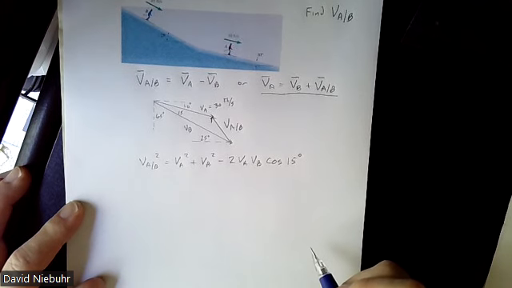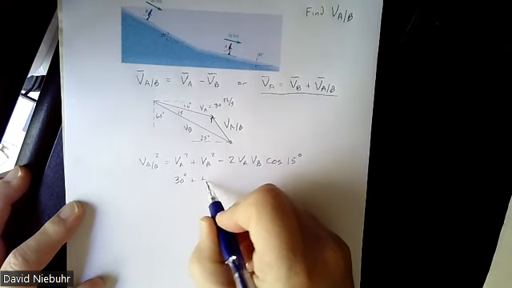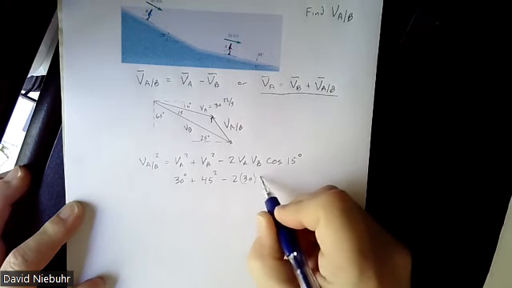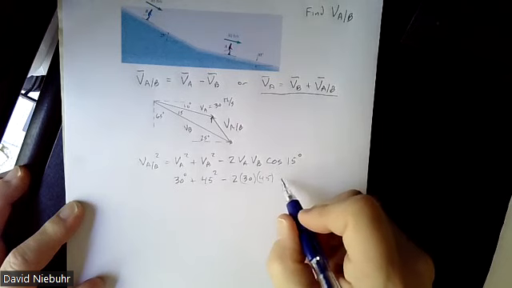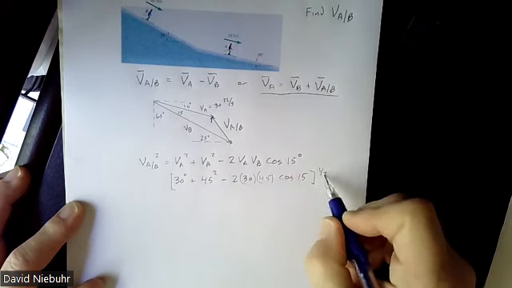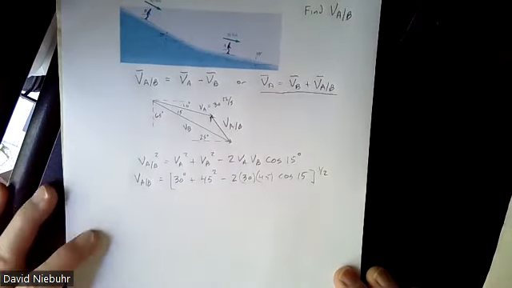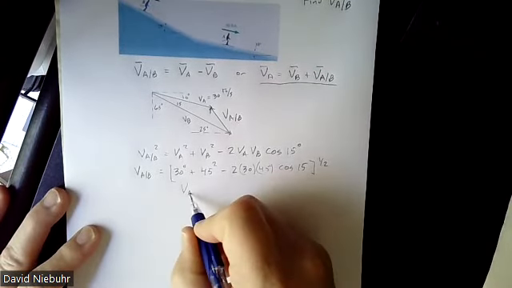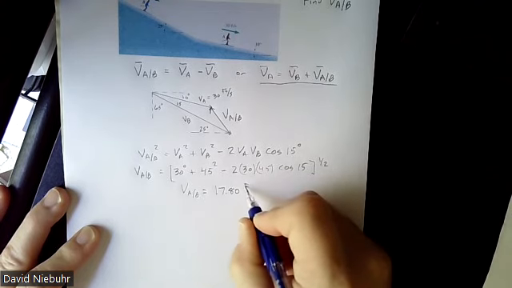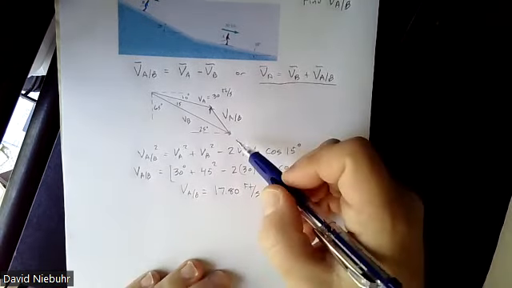So what I end up with is 30 squared plus 45 squared minus 2 times 30 times 45 times cosine 15, all to the 1/2, and that's going to equal the velocity of A relative to B. Okay, so the magnitude of A relative to B is 17.80 feet per second.